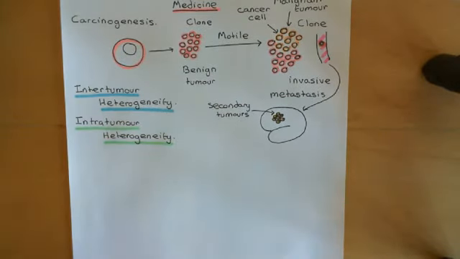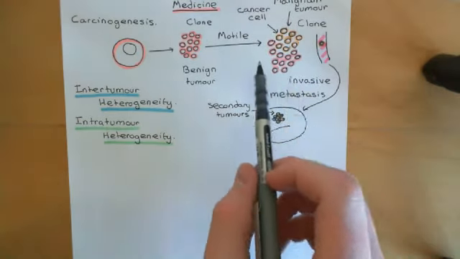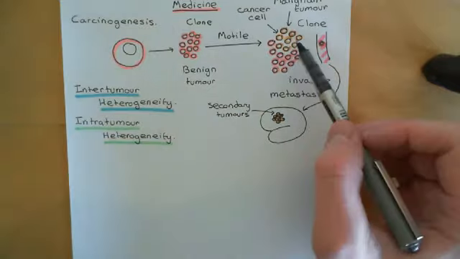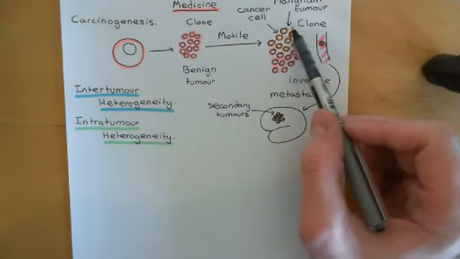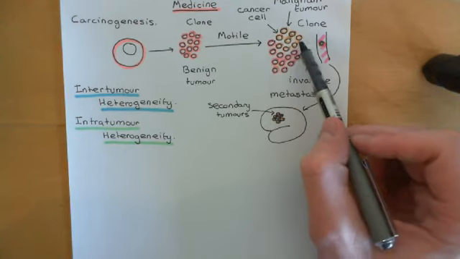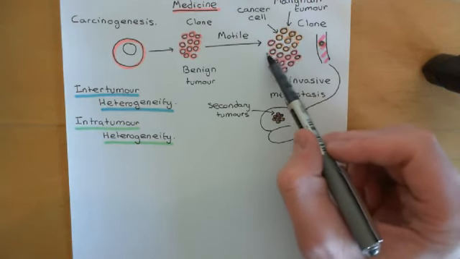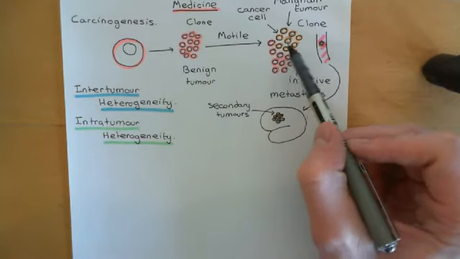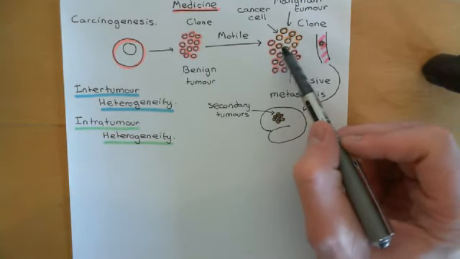This is referring to the fact that if you actually look at a malignant tumour like the one that we have here, we have actually got these different populations of cells. We've got these orange cells here, which are the actual cancer cells, and then we've got other cells here, the red ones. Now, in reality, when you look at tumours, you find more than just two different clones of cells.